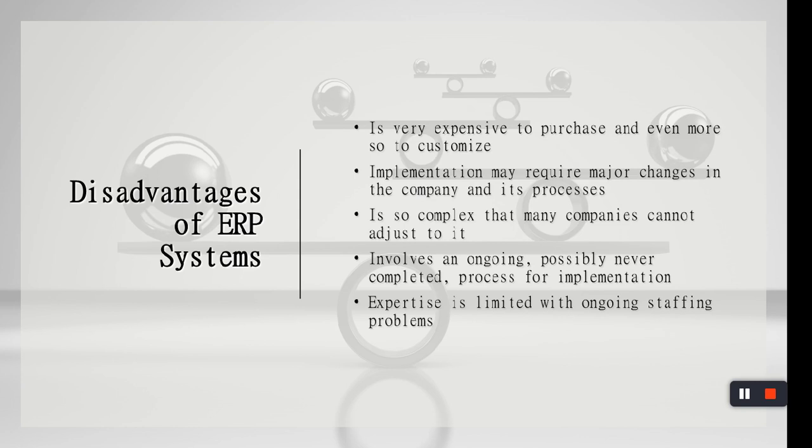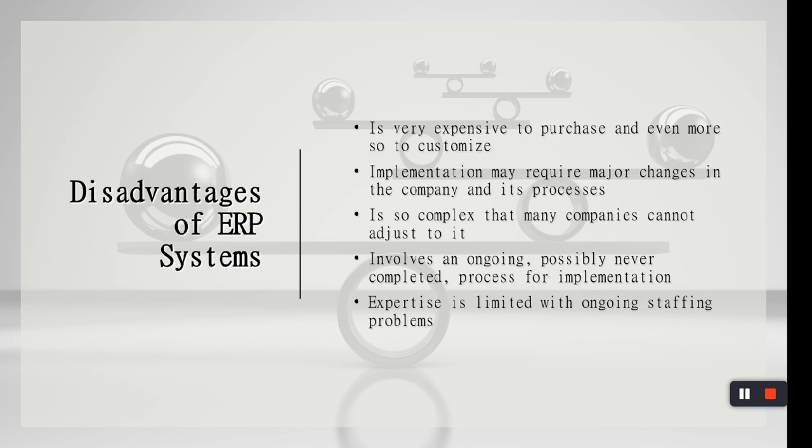And then implementation may require major changes in the company and its processes. And it is so complex that many companies cannot adjust to it because most of the employees are now used to doing things their own way. And then here comes a system, and then they might be hesitant to adjust their conventional way of doing things just to adjust to the system.